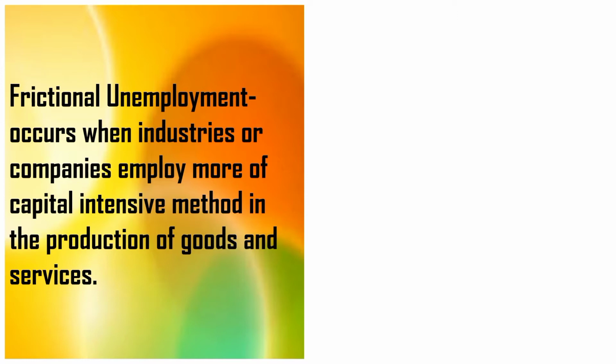For example, method of production is broken into three: capital intensive, labor intensive, or mixed combination of both. But when a company or a firm decides to adopt more of capital intensive method of production, it means that some of the workers or staff of that firm will be laid off. Such workers will be facing unemployment we call frictional.